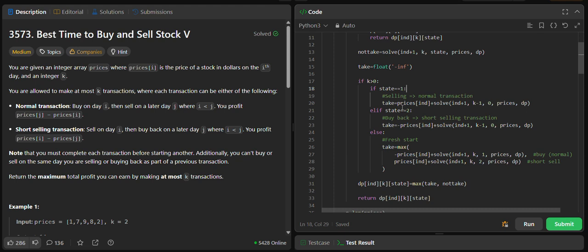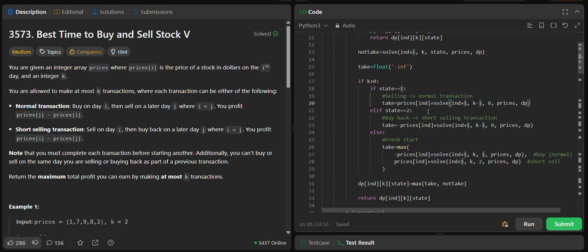Sell means we are getting the money, we are having the profit. So we are adding the positive price and going to the next index, and as we are completing a transaction, that's why we are decreasing the k value.